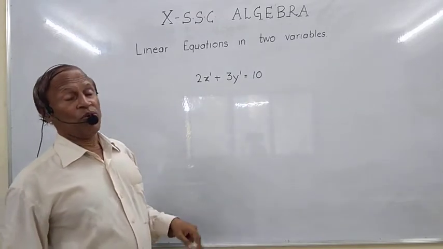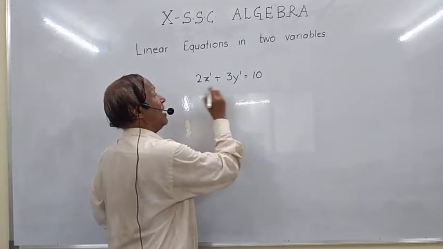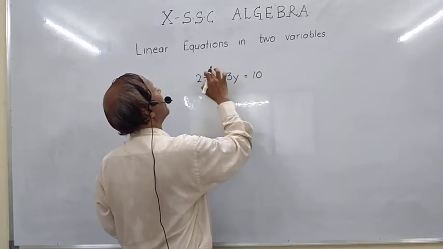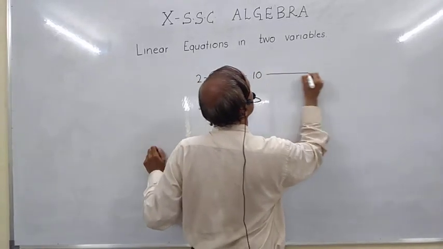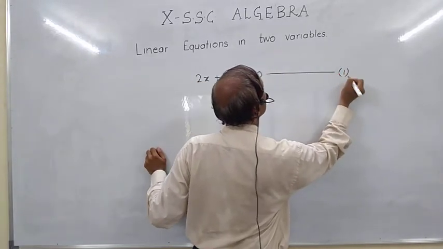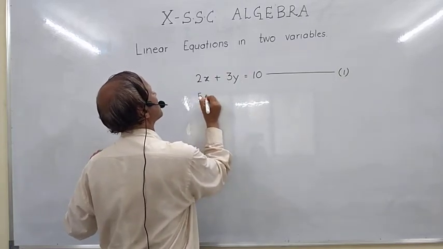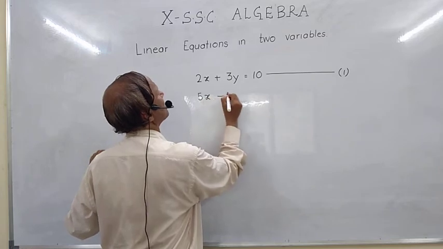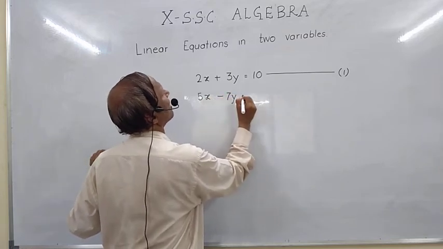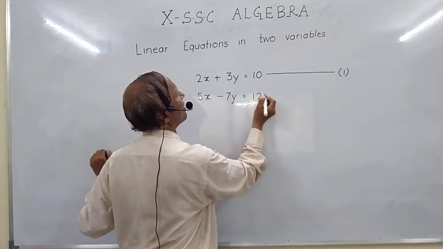Generally, you are given 2 equations like this, and we shall call this equation 1, and the second equation like 5x minus 7y equal to 12.